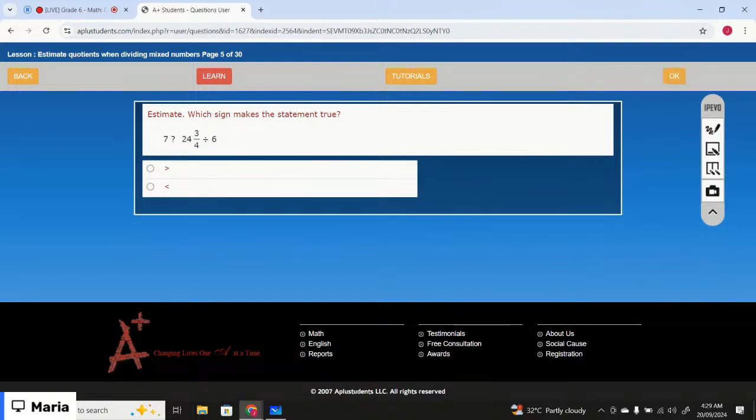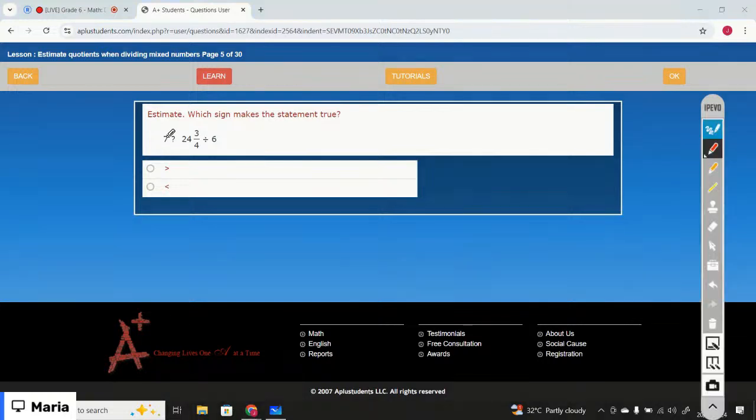Just look at the next one. 7, 24 whole 3 by 4 divided by 6. Here you have 24. You can divide 24 by 6, right? So you can just write 24 divided by 6. So 6 times 4 is 24. So 7 is greater than 4.